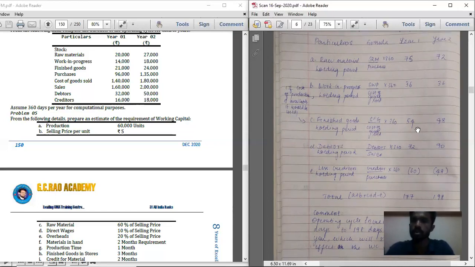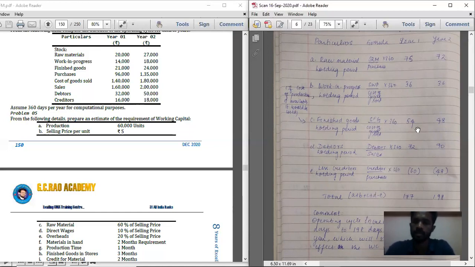And year 2, now total it: 72 plus 36 plus 48 plus 90 minus 48. In respect of year 2, put 198.